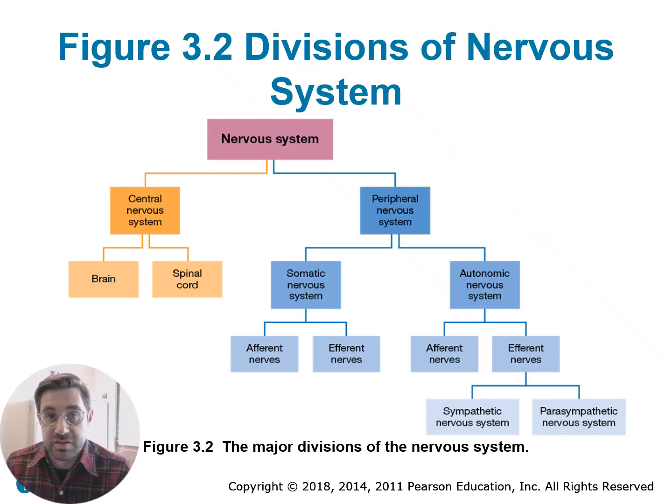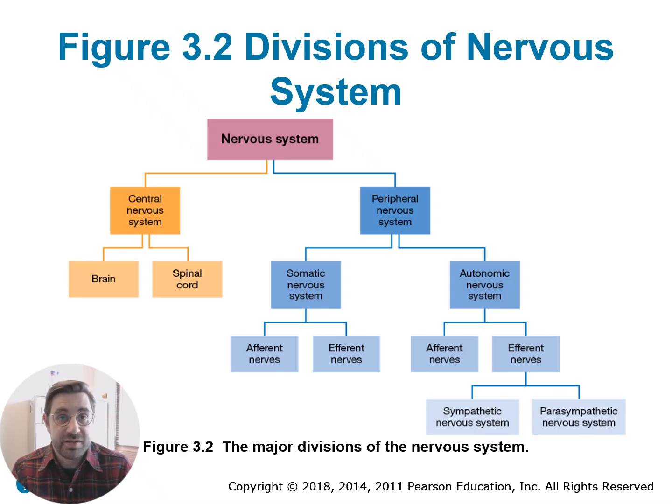So those are our divisions, and so you should be able to differentiate between each of these. Differentiate between the central and peripheral nervous system, differentiate the brain and spinal cord, differentiate within the peripheral nervous system between somatic and autonomic, which is external world and internal world.